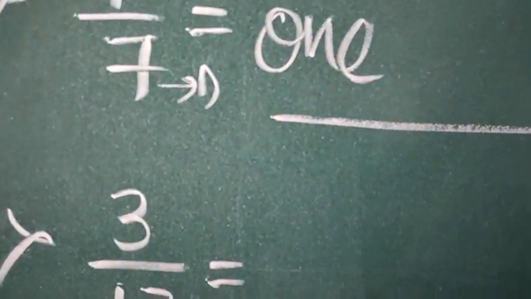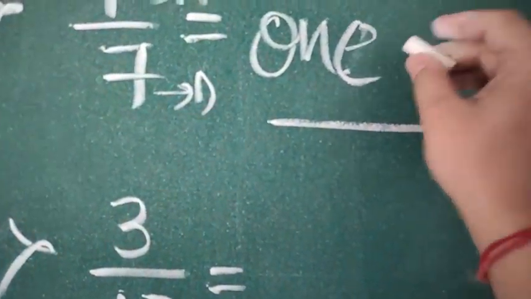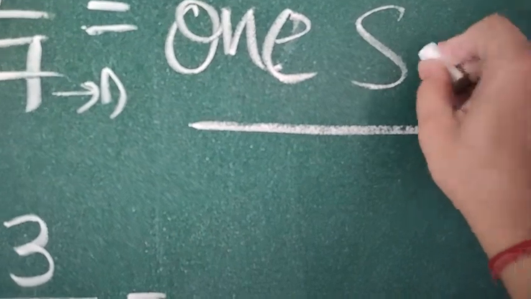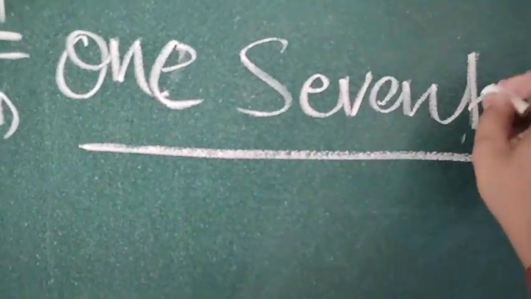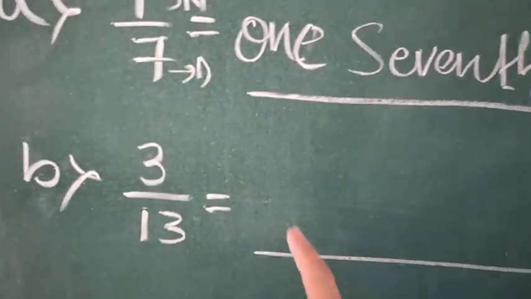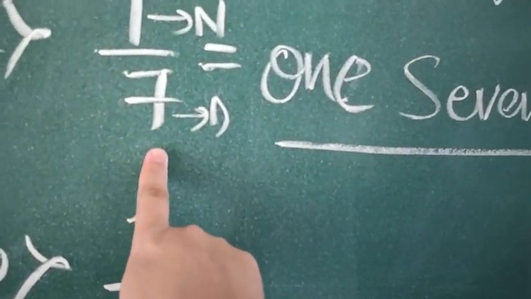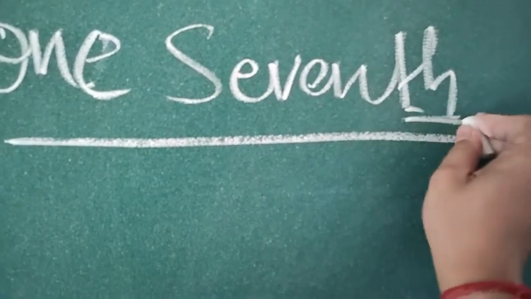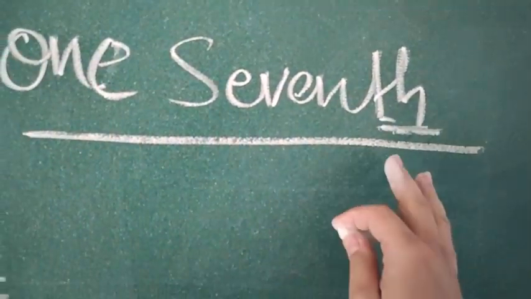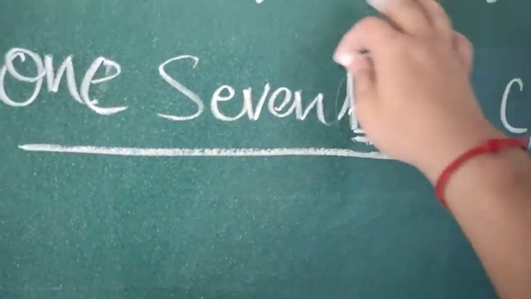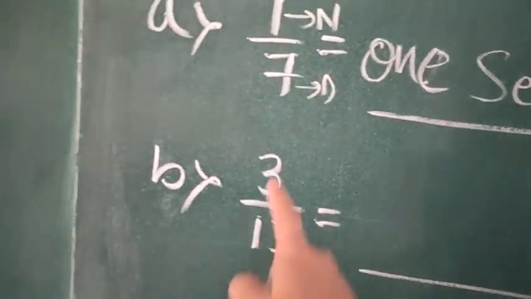What change you are going to bring is, just see, 1/7: one seventh. Actually it should be written as 7, right? But what we are going to do is add TH in the suffix, at the last part, of any given number, not only in 7.